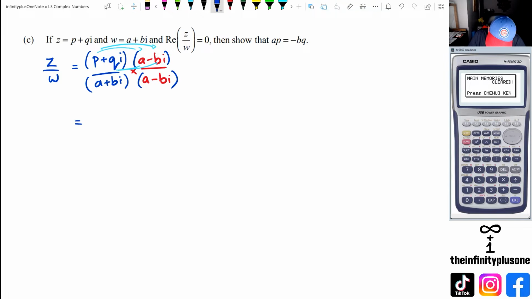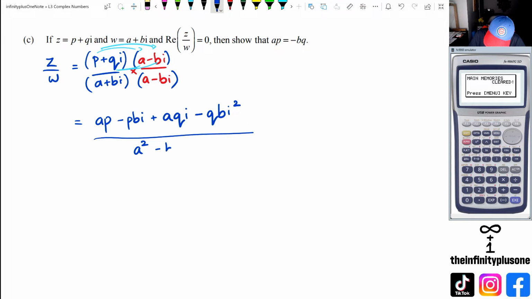So we've got p times a, which is ap, then we've got minus pbi, then we've got plus aqi, minus qbi squared, and the whole thing is of course divided by a squared minus b squared i squared. Now remember that i squared is equal to -1, so in the next line I'm going to replace all the i squareds with -1.